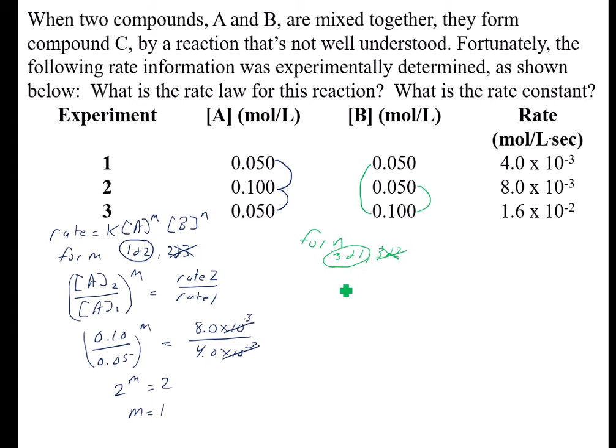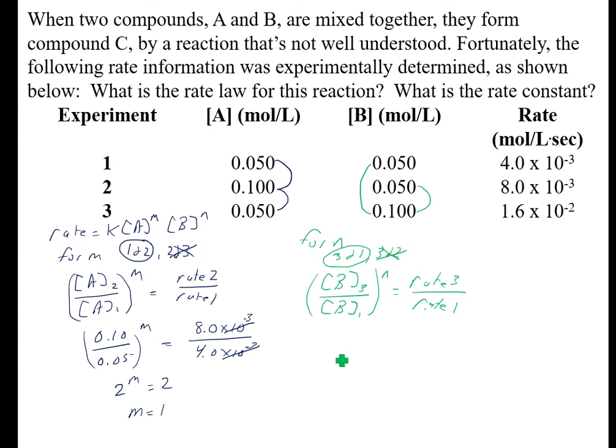Highest concentration goes on top, so therefore it's going to be the concentration of B for 3 over B for 1 to the N. Oops, that was not what I meant to write there. Okay, sorry. It should be the rate for 3 over the rate for 1.